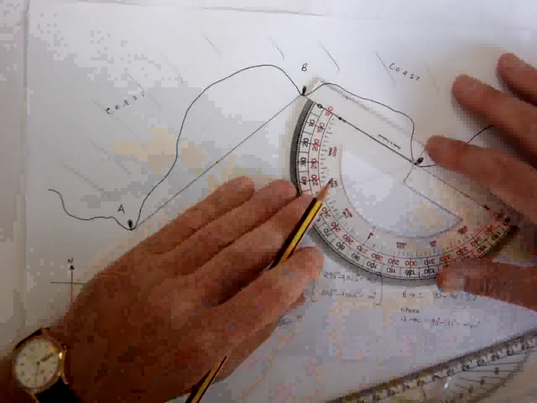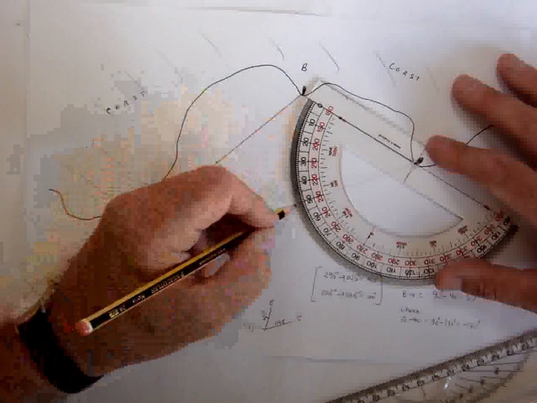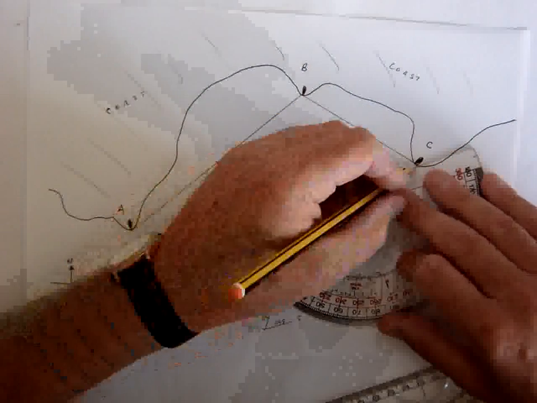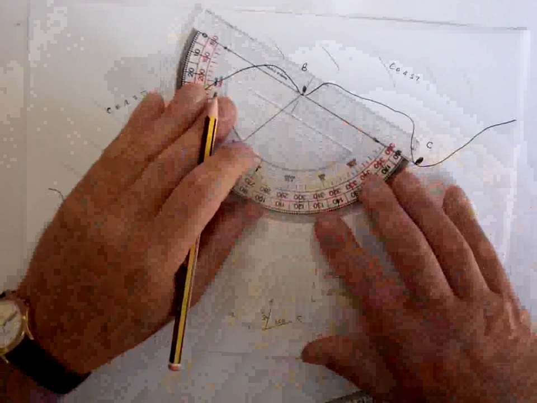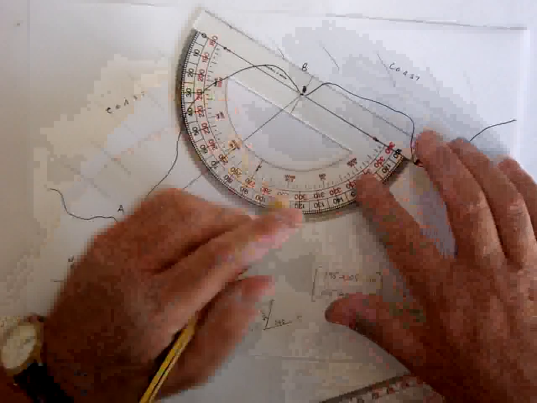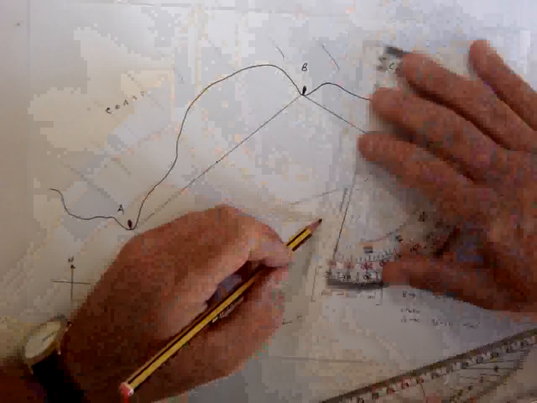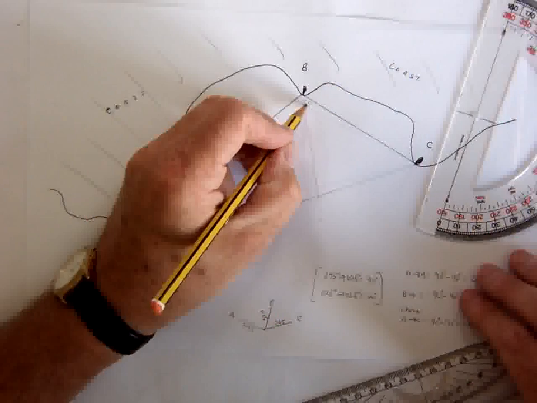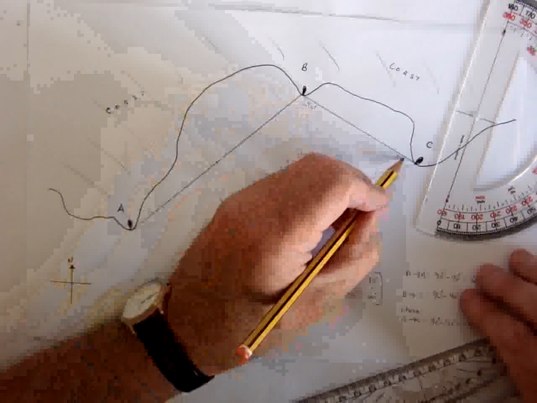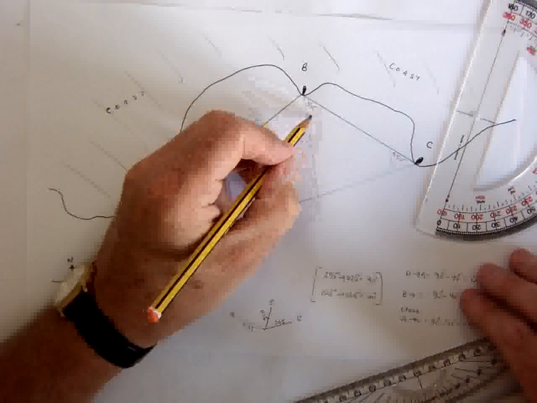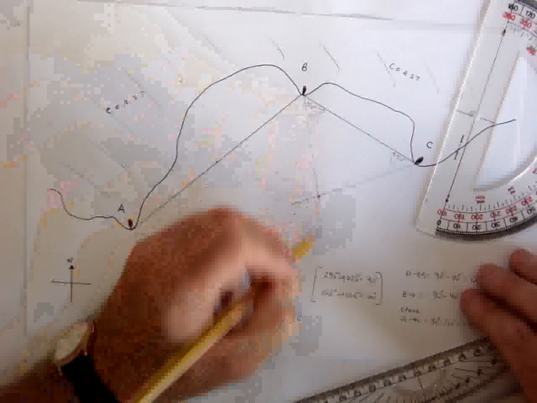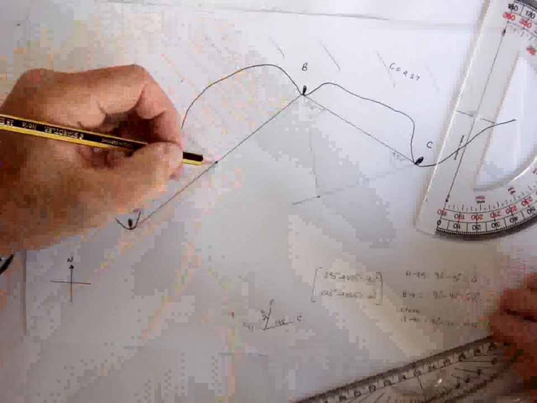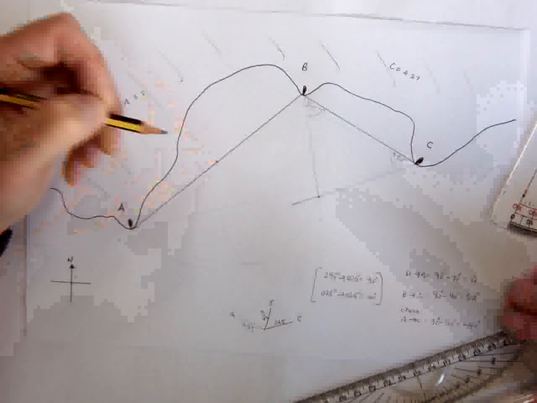So we have to measure an angle of 50 degrees from off the baseline at C, and also we go to B and measure an angle of 50 degrees. So the angle here is going to be 50 degrees, the angle there is going to be 50 degrees, and we have this intersection here. Of course, this line here, because it was 0 degrees, we simply find the middle point along that line.